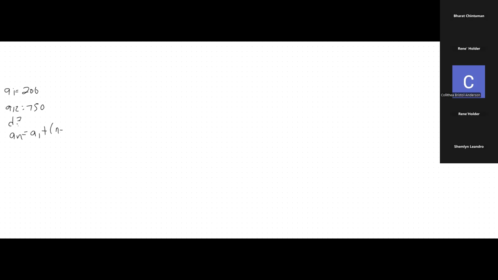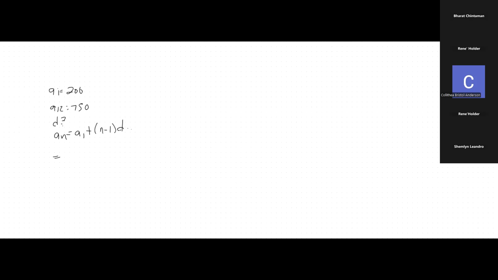And we would substitute, N being the number of the term presented, which is 12. A12, which was the last term, would be 750. A1, the first term, 200, plus 12 minus 1, and you put the D at the back.